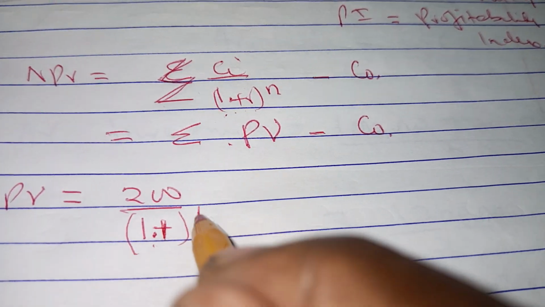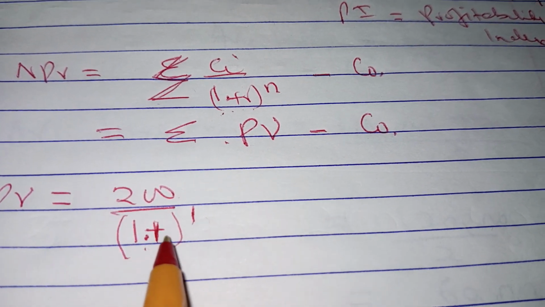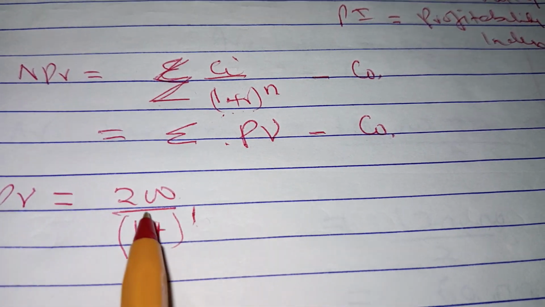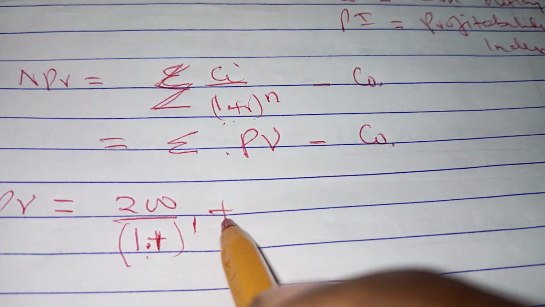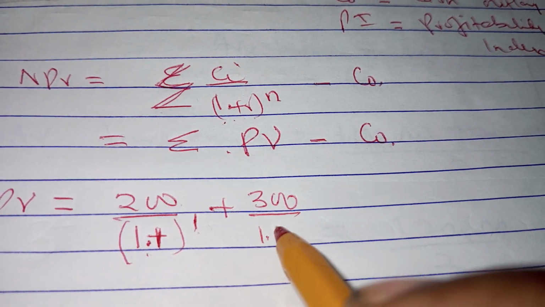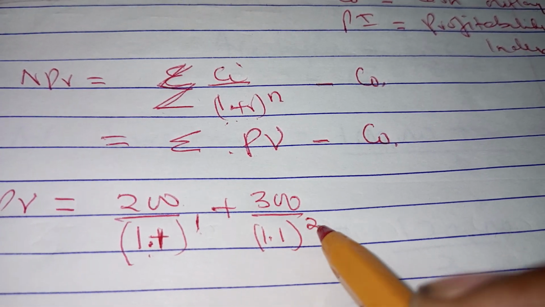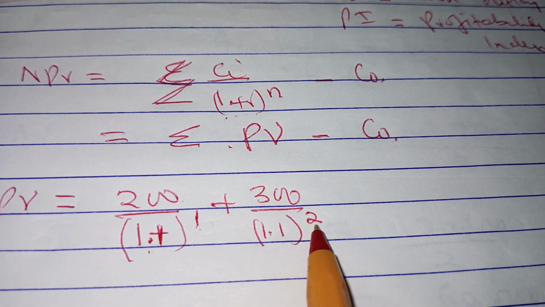Then you raise that to the n, and because we are earning the 200 in the first year, we shall have 200 divided by 1.1 raised to power 1. Then you add for the second year, 300 divided by 1.1 raised to power 2, because the 300 was earned in the second year.